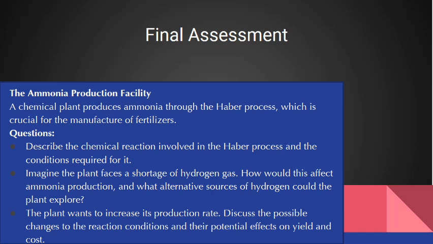So you can think of how nitrogen combines with hydrogen to form ammonia, which is NH3, and the conditions that might make this production cost effective and also bring about high yield.